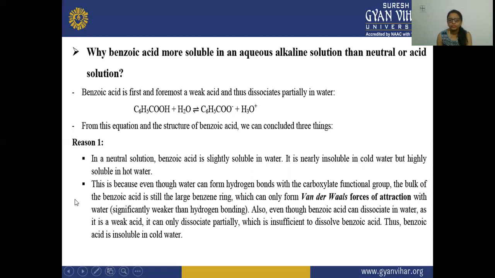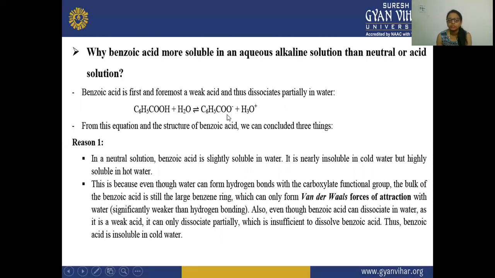So this is the reason first. Benzoic acid dissociates partially and does not dissolve in cold water. Again I am explaining that benzoic acid is a weak acid, and when it dissociates in water, it is only partially dissociated.